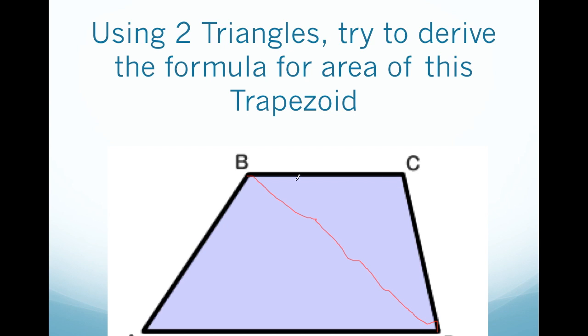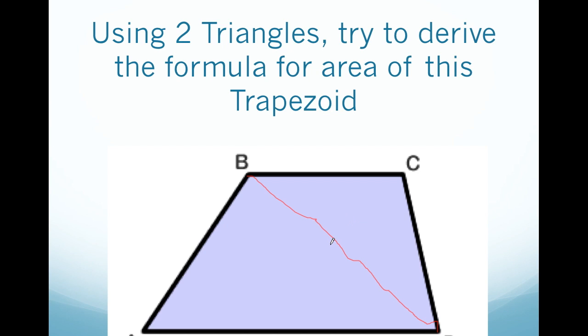And the area of this triangle would be 1/2 of this base, say BC, times this height here. Both these triangles share that same height, which is very helpful.